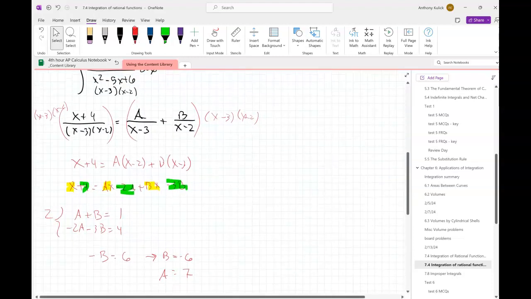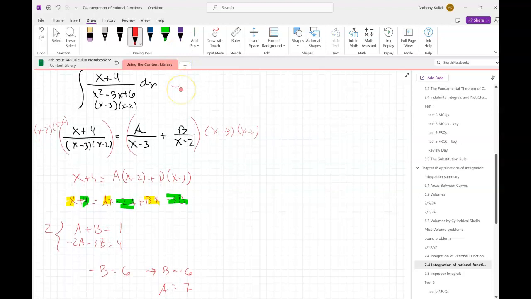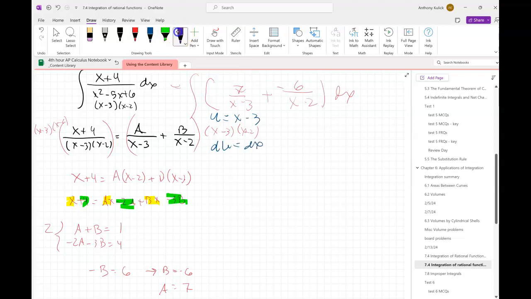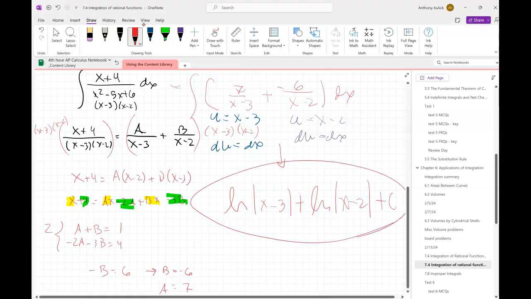So what I can do then is say this is going to equal the integral of 7 over x minus 3 plus negative 6 over x minus 2 dx. So I can U sub each of these separately. So I get 7 times the natural log of x minus 3 minus 6 times the natural log of x minus 2 plus c.